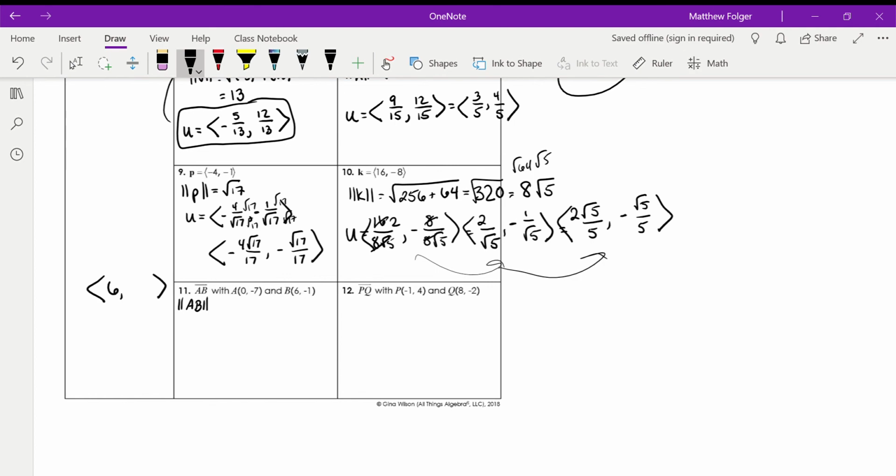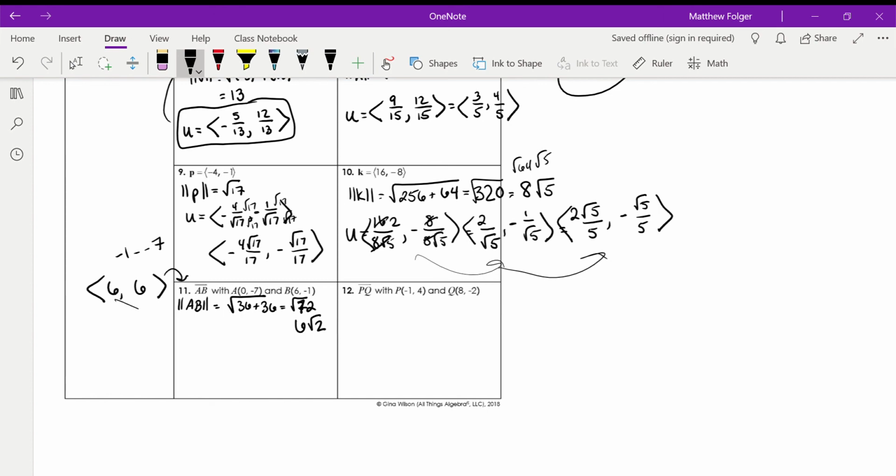And then you subtract negative 1 minus negative 7, which is also positive 6. So the component form for AB is just 6, 6. So it'll be the square root of 36 plus 36. Square root of 72, which 36 and 2 is 6 square root of 2. So the magnitude of that is 6 radical 2.